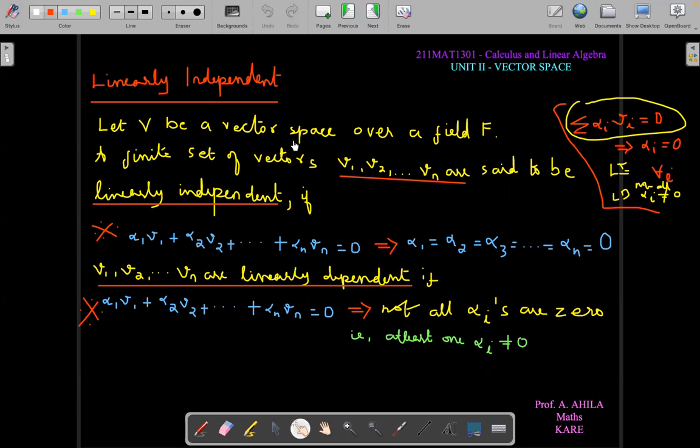So for checking linearly independent or linearly dependent, our assumption is the same. We consider the linear combination of the vectors which is to be verified, whether linearly dependent or independent. With respect to that, we consider the linear combination to be 0, and we need to get the values of alpha i. If we find all the alpha i's are 0, then the vectors are linearly independent. If at least one alpha exists not equal to 0, then the vectors are linearly dependent. Okay.